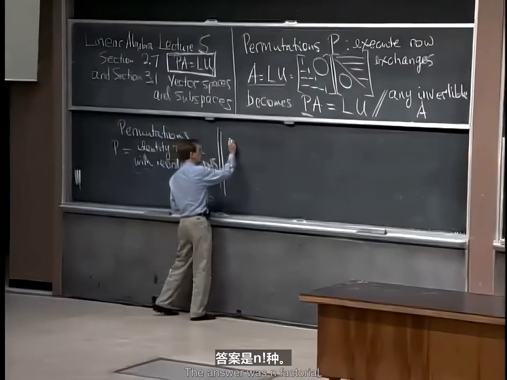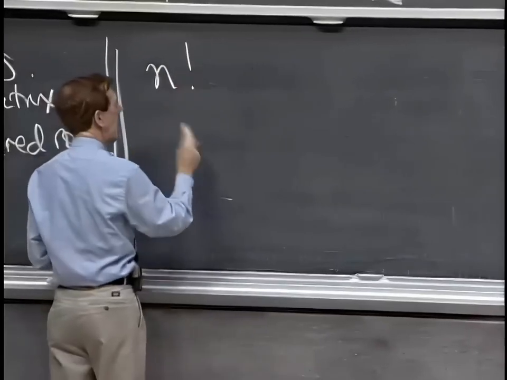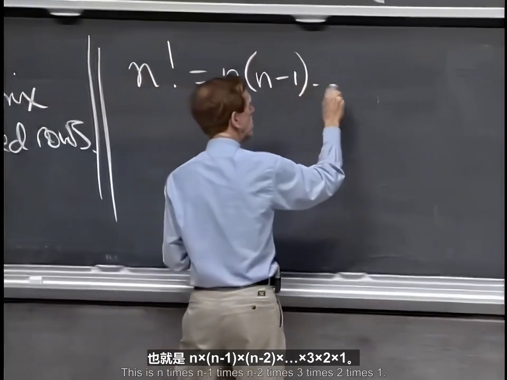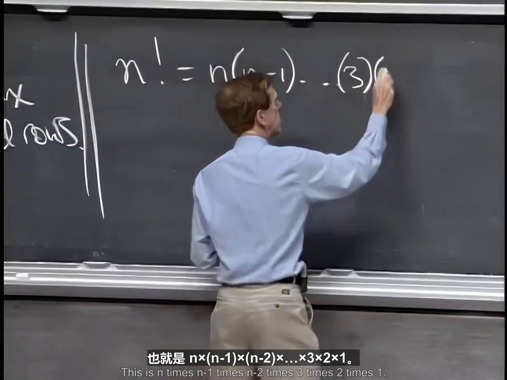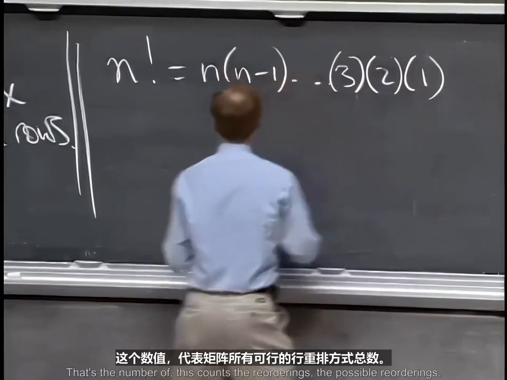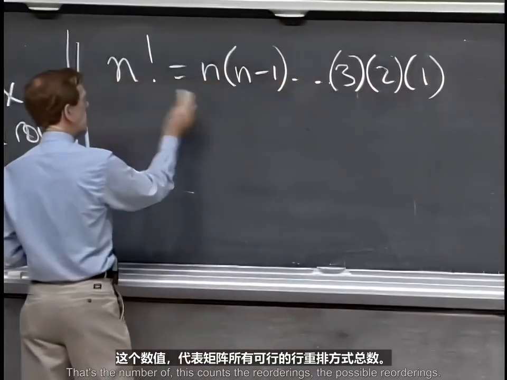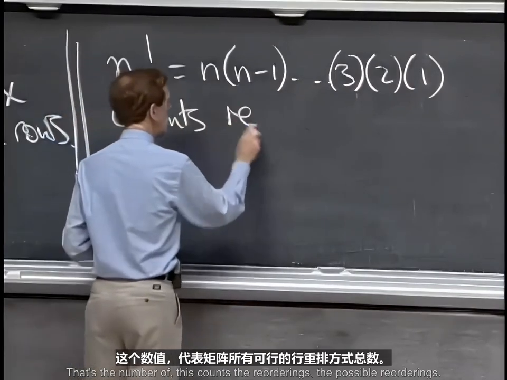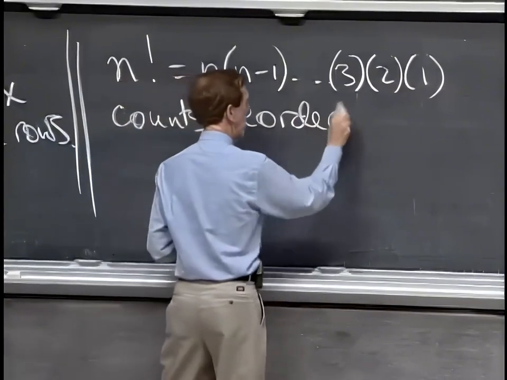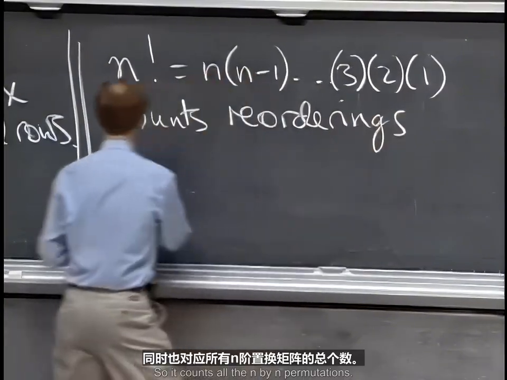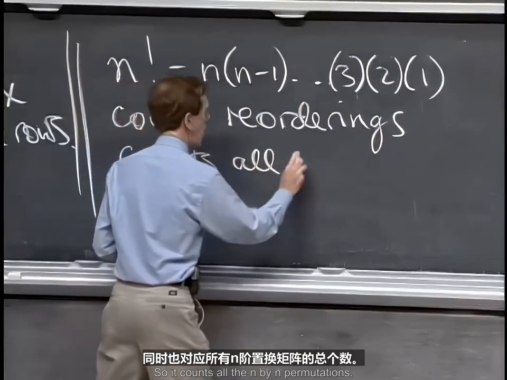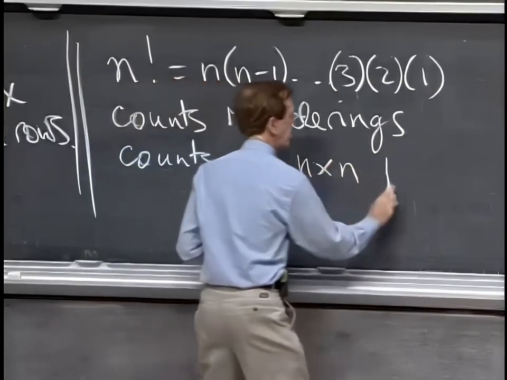The answer was n factorial. This is n times n minus 1 times n minus 2 times 3 times 2 times 1. This counts the possible reorderings, so it counts all the n by n permutations.